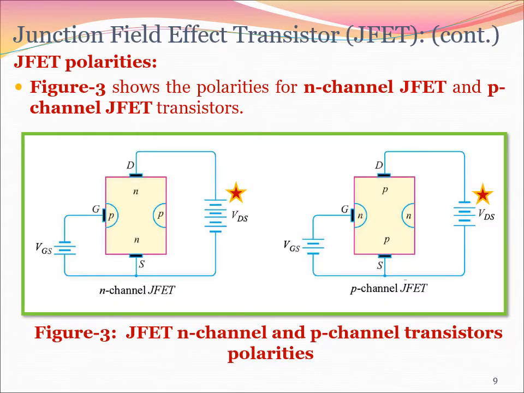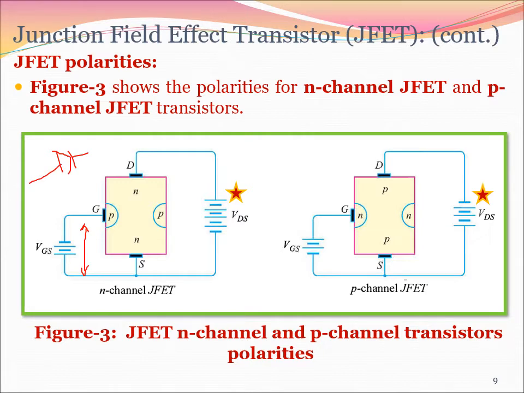As far as polarities are concerned, because it's important for the normal or active region operation of this device, it's important to reverse bias these two junctions. You should know how we can reverse bias any diode. That's what you need to take care of.